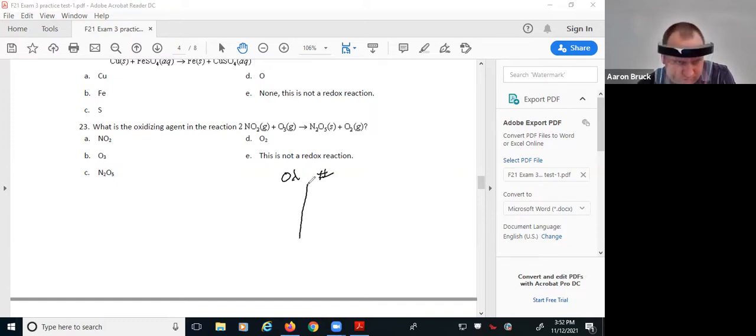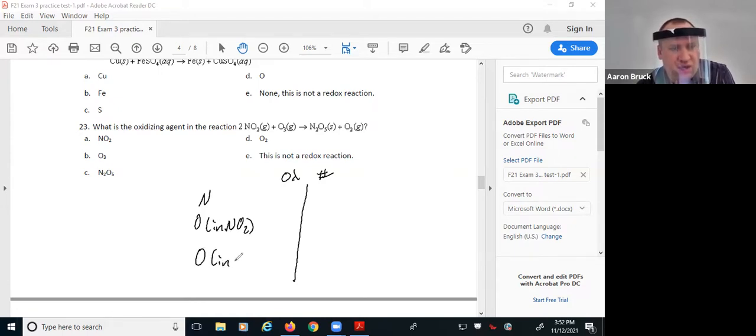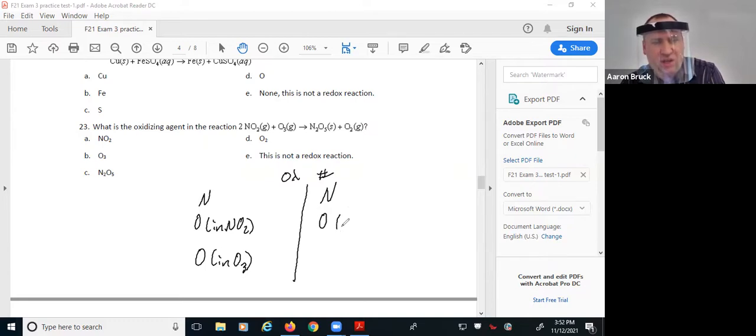So let's split it down the middle. I've got nitrogen, I've got oxygen in NO2, and I've got oxygen in ozone. And on the flip side, I've got nitrogen, I've got oxygen in the dinitrogen pentoxide, and I've got the oxygen in O2.